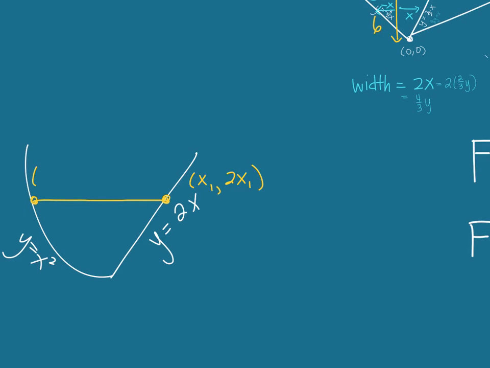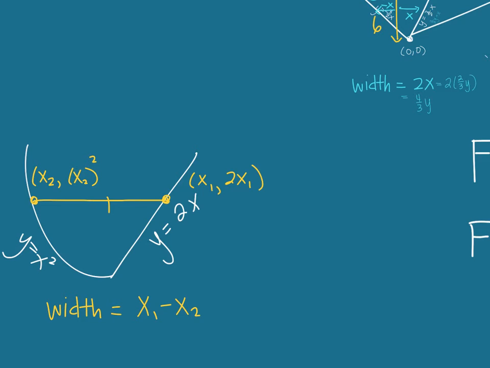If this is x2, then this would be x2 squared. What is the width of this? 2x1 minus x2 squared. No, the 2x1 is a height. The width is x1 minus x2. That's the width.